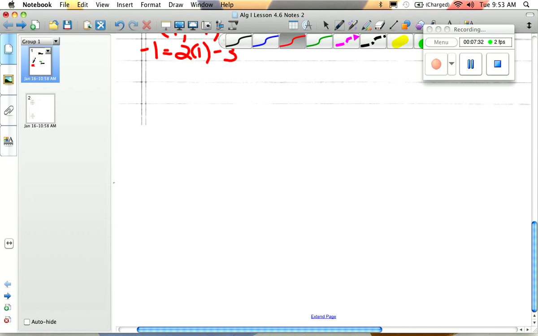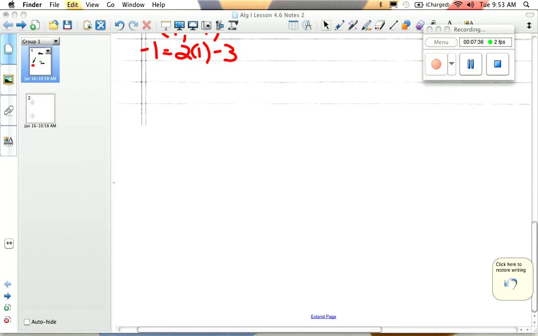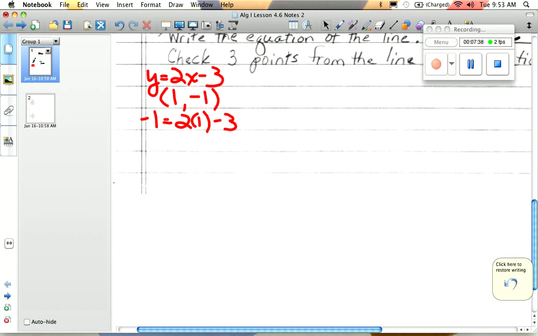It really does make it true. Okay, so -1 equals 2, take away 3. We're not solving, we're substituting in and making sure we get a true statement. -1 is still on the left. What is 2 take away 3? -1. That one checks out.